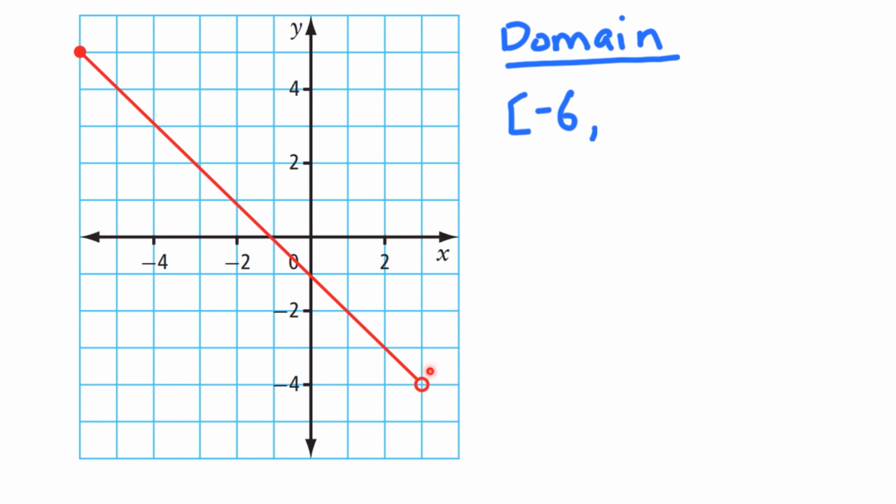In this case, it is +3. But notice that dot is not filled in. So it does not actually include +3, just up to +3. So the line includes like 2.99999, but not quite 3. But we are still going to have that in our interval, so +3, but we're going to have a curved bracket now.